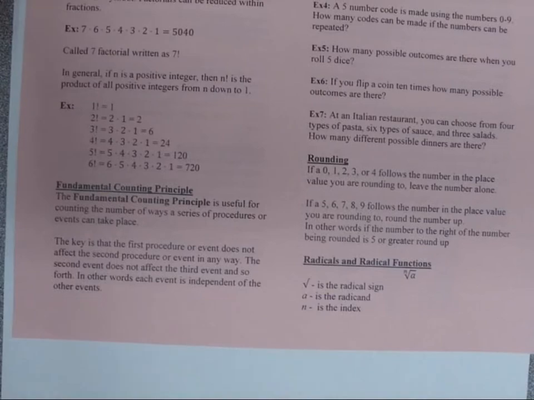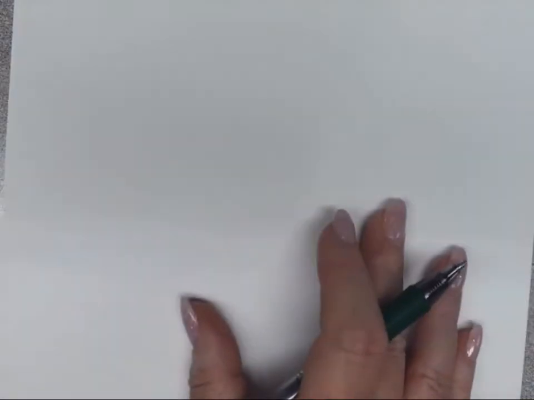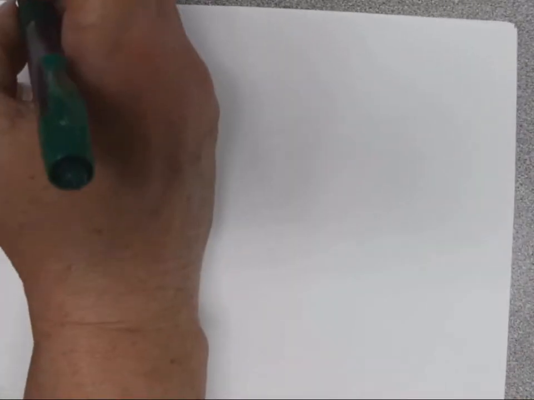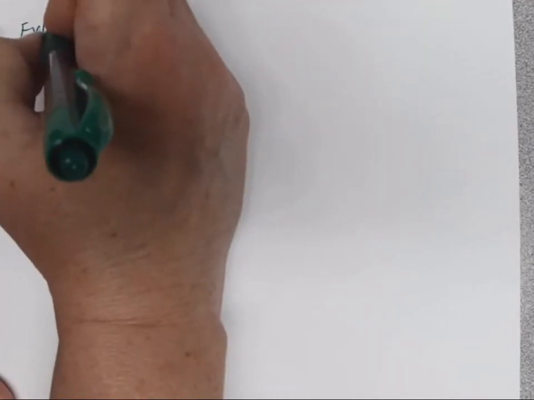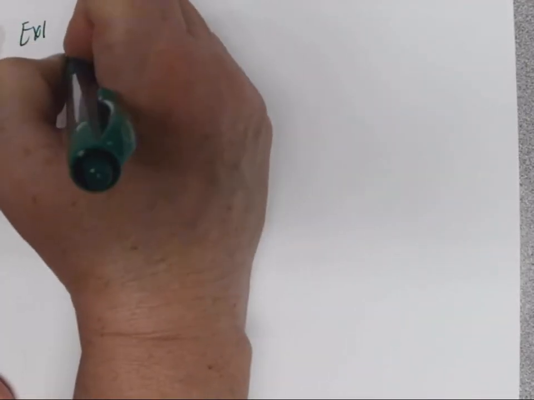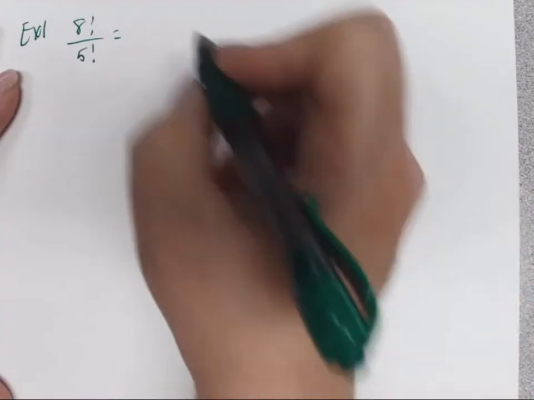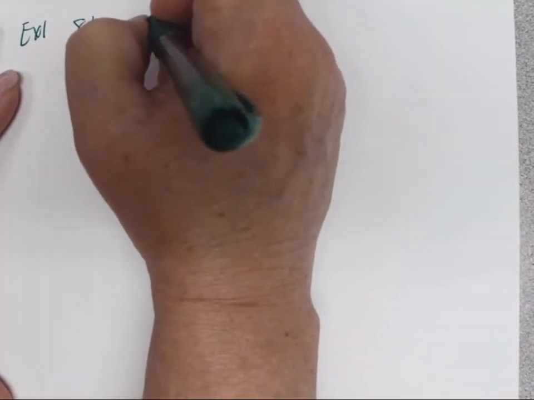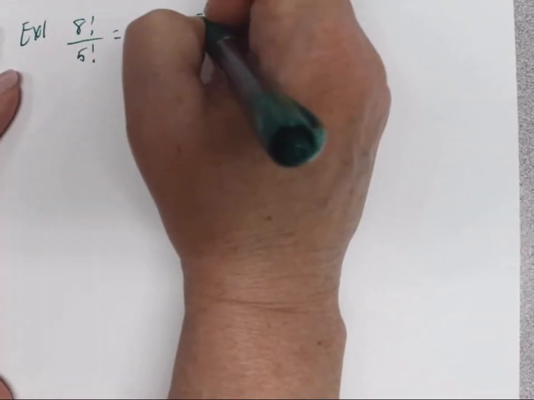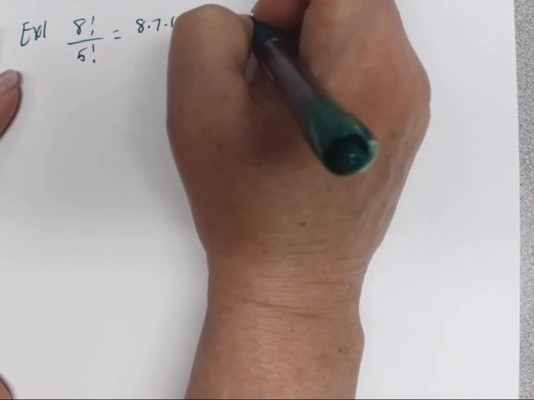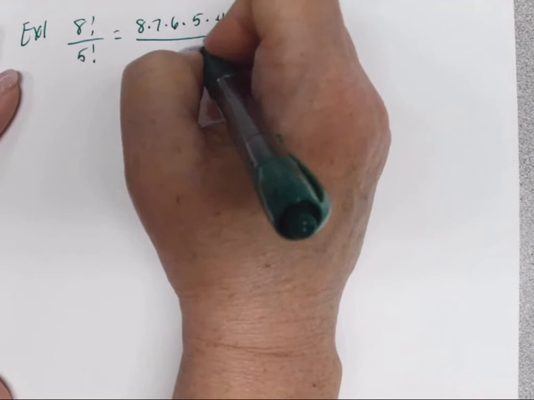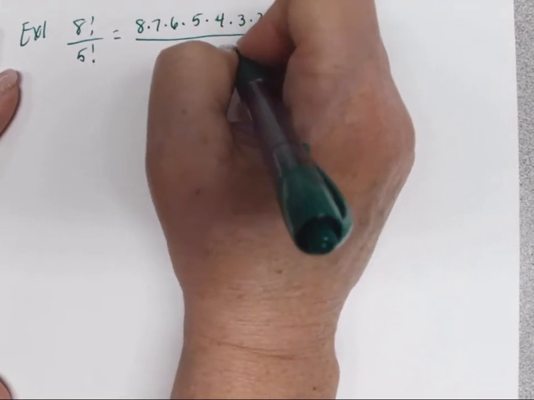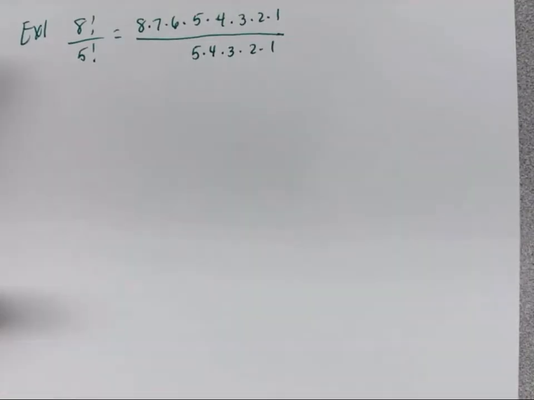So let's go do some factorial examples. Example 1: 8 factorial over 5 factorial. On the top, we have 8 times 7 times 6 times 5 times 4 times 3 times 2 times 1 divided by 5 times 4 times 3 times 2 times 1.